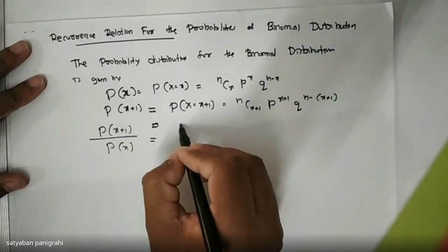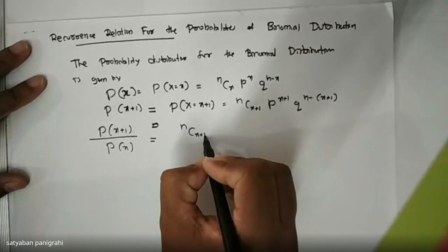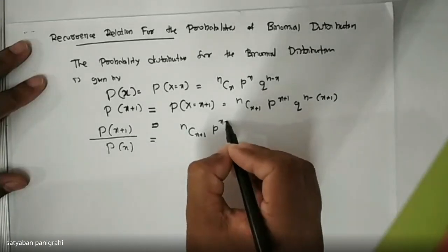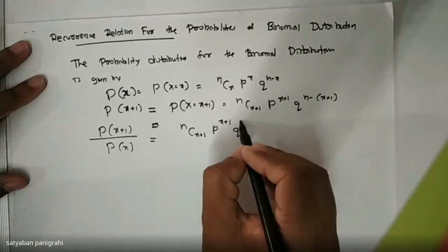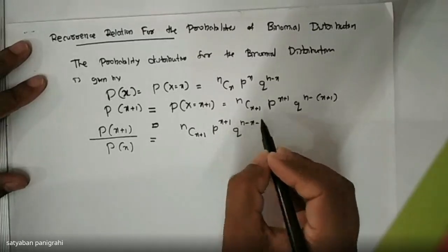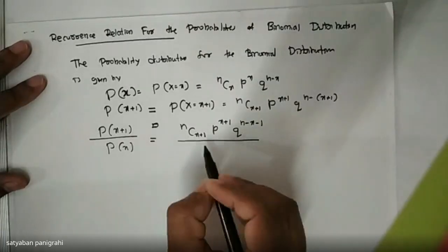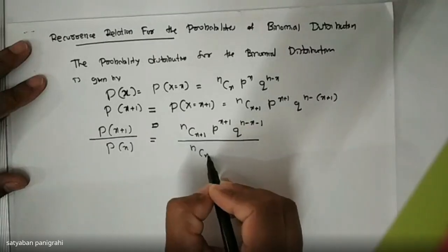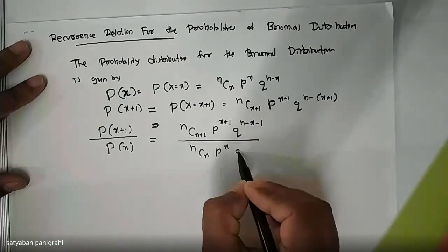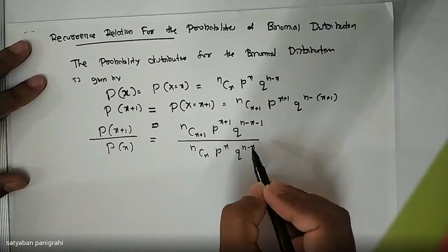So we have nC(x plus 1) p to the power x plus 1 q to the power n minus x minus 1 divided by nCx p to the power x q to the power n minus x.